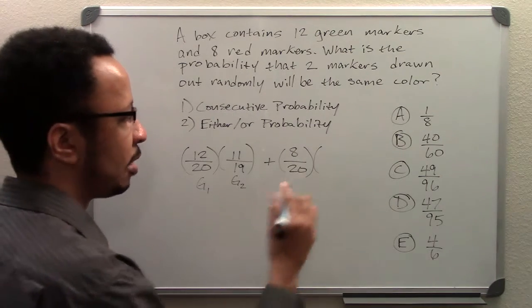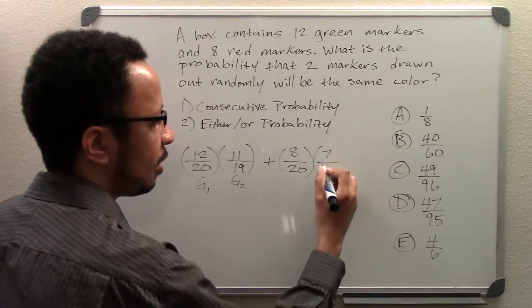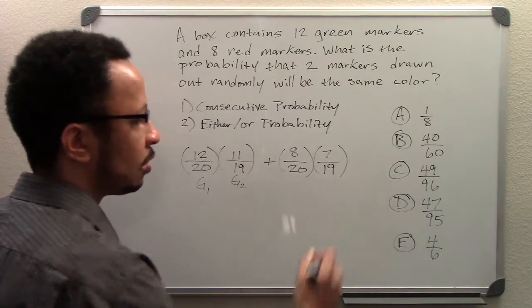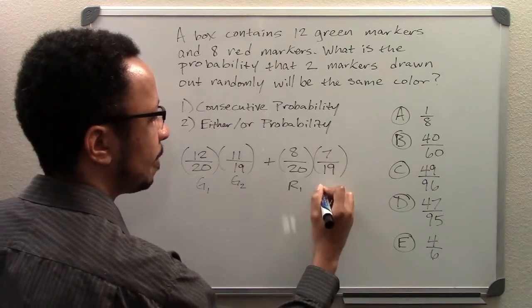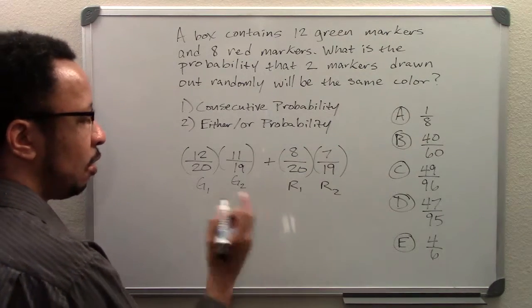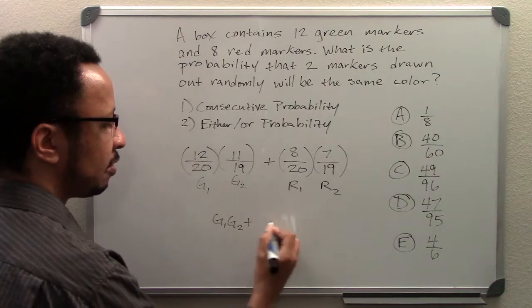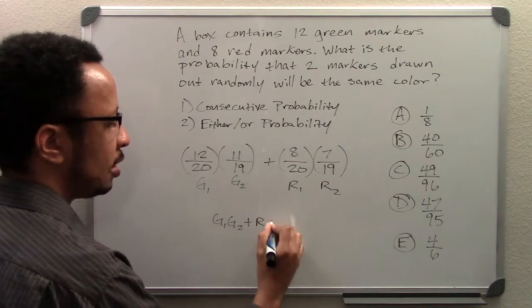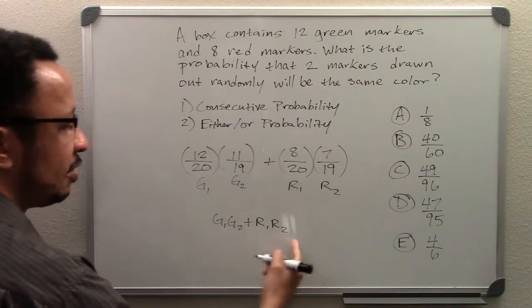We have 7 red left, over 19 markers total left. So this is red 1, this is red 2. Overall, we have green 1 times green 2 plus red 1 times red 2. This is what we're looking for.